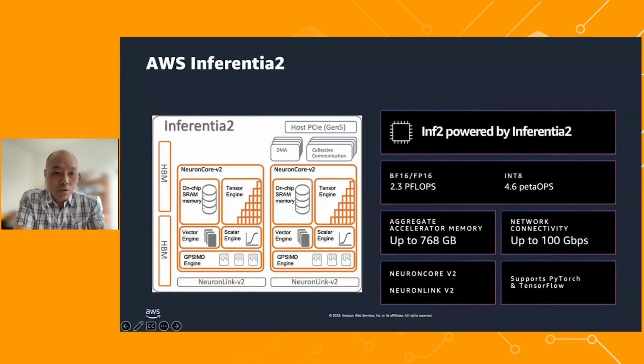And then in addition to that, there's also a collective communication engine that you see on the top right. This is built to handle fused ops as well as gradient accumulation and gradient compression during large language model inferencing, and to reduce the data movement between the Neuron cores as well as from the Neuron core to the CPU.